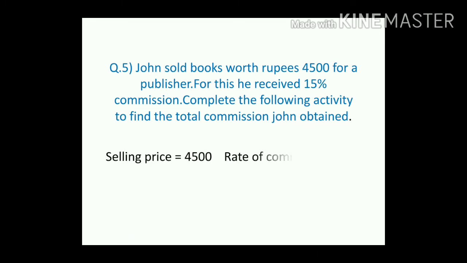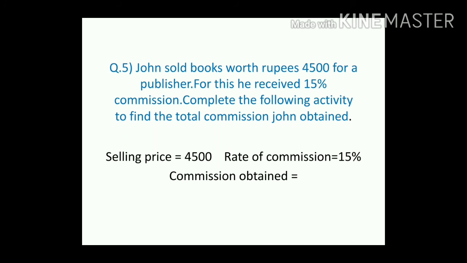Selling price is equal to, what is the selling price given, children, in the question? 4,500. And the rate of commission, what is given? 15%. Commission obtained is equal to, what do we have to take, children? What is the commission given? 15%.